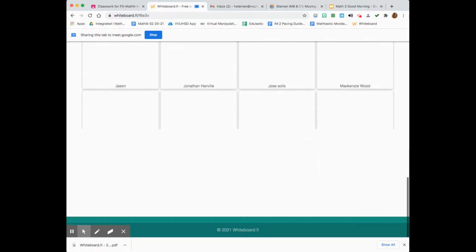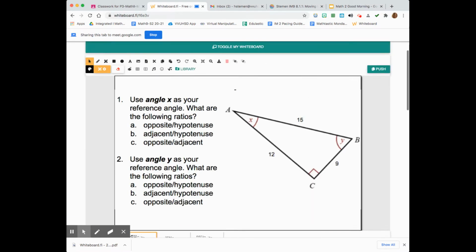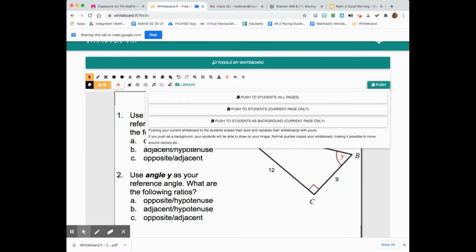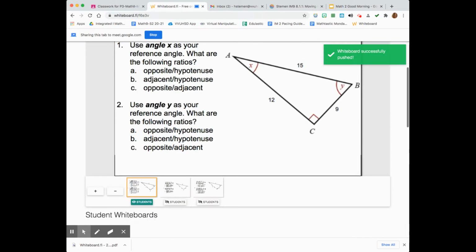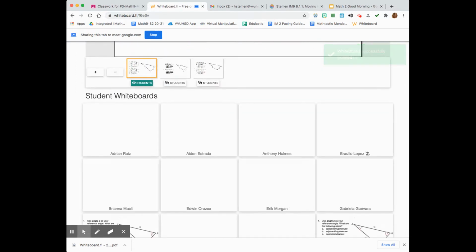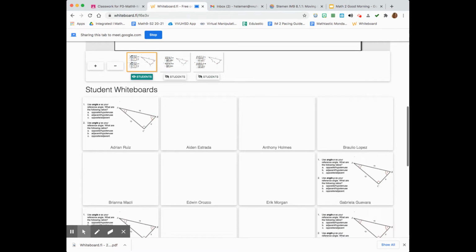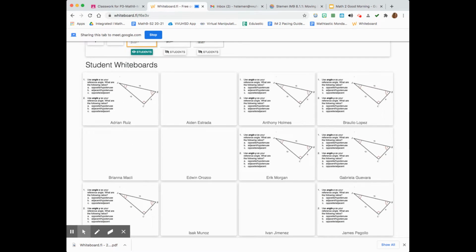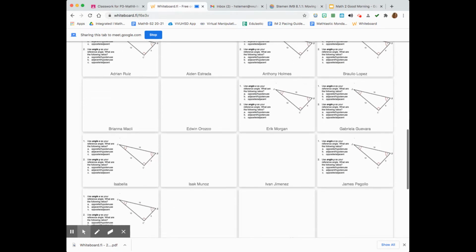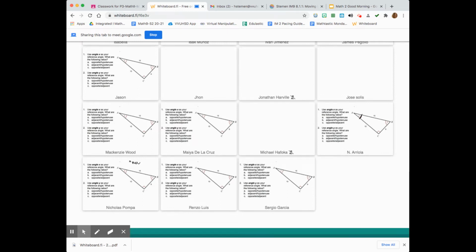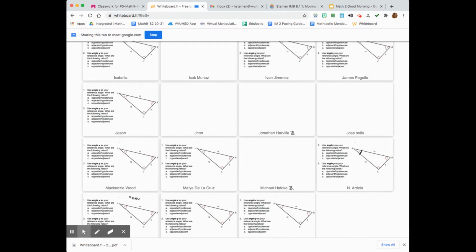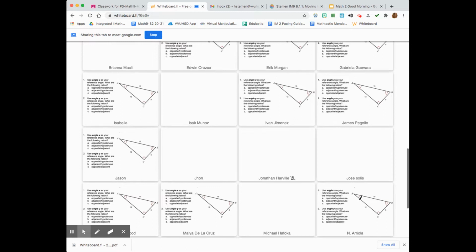It looks like we got almost everybody here. So I'm going to go ahead and push this picture to you. Let's just make sure it gets loaded. It's been loading a little slow today. It looks like it may have kicked some people off, so you might have to log back in.